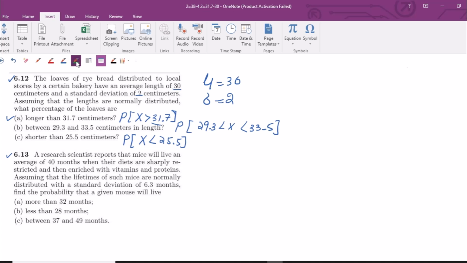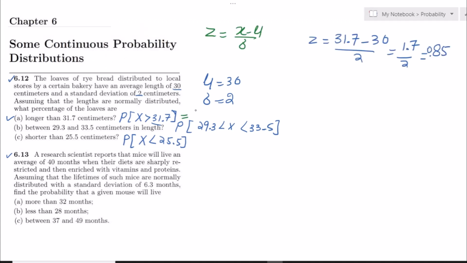So this is equivalent to the probability that Z is greater than 0.85. Now the value has been transformed from small x to Z. But now we have difficulty in solving it, because in the Z distribution table all the values given are in terms of the probability that Z is less than some value.